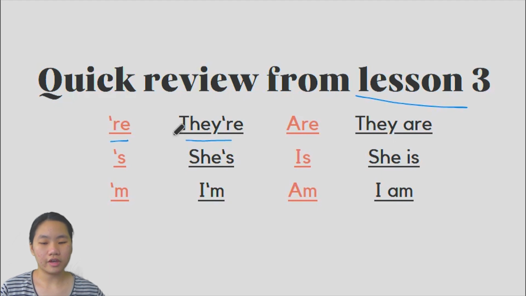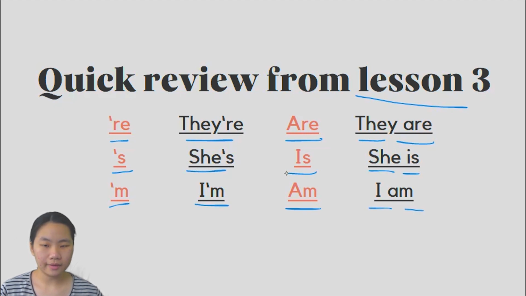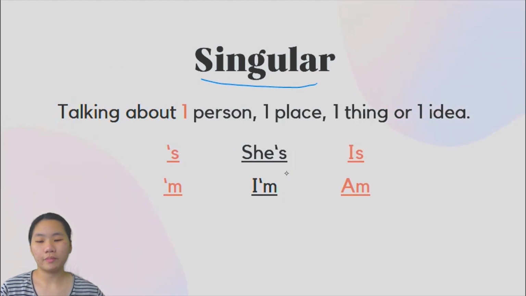We're, there, are, they are. She's, is, she is. I'm, am, I am. Singular. Remember, singular talks about one person, one place, one thing, or one idea.